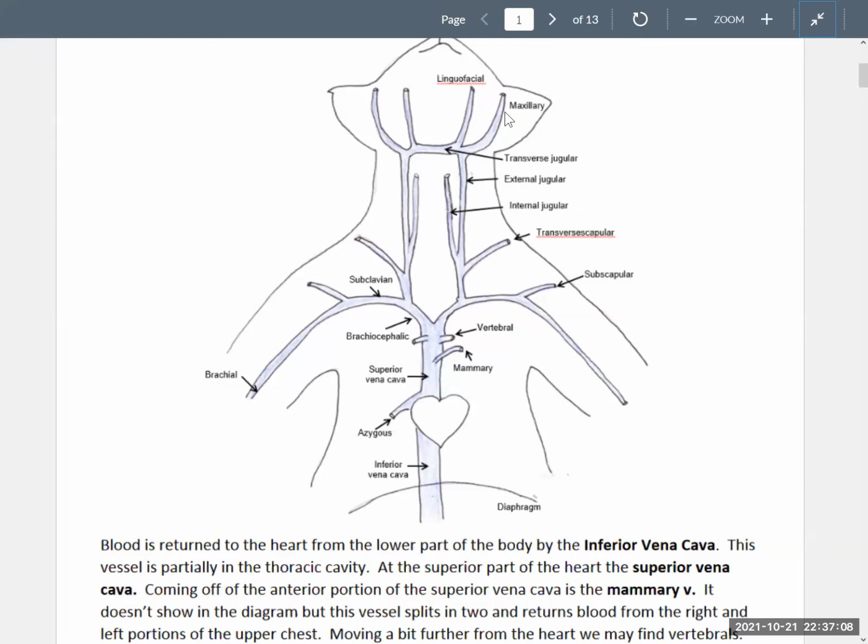This most lateral vein is the maxillary, going to the maxilla. And this a little bit more medial is the lingual, meaning tongue, facial. Okay.